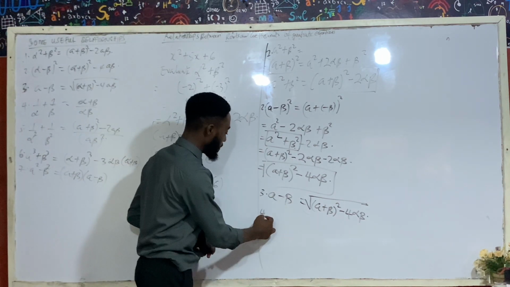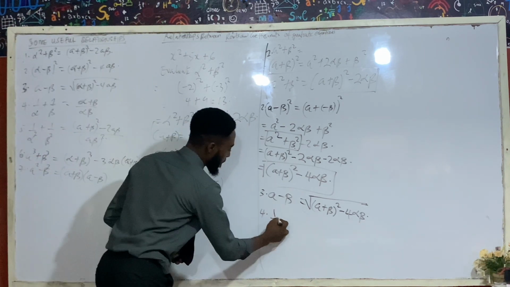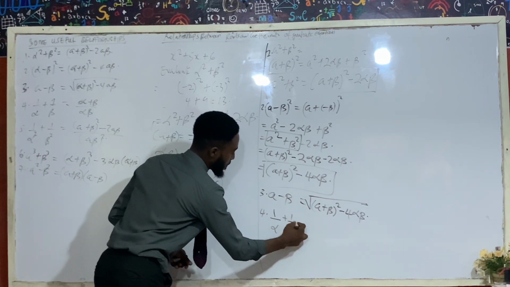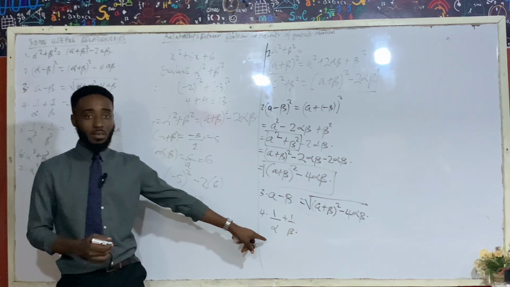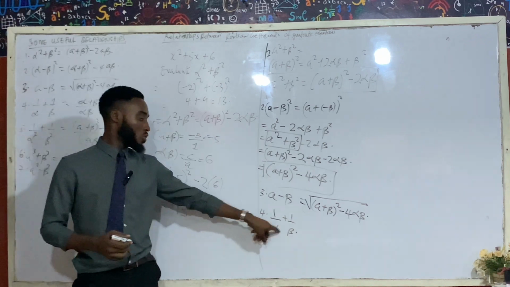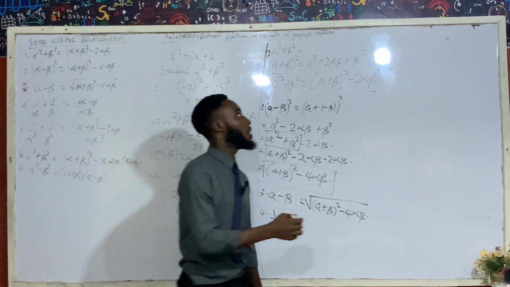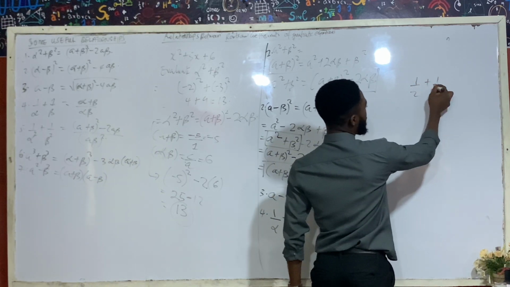Alright, the fourth one. 1 over alpha plus 1 over beta. You can just go with the butterfly method, the method of solving fractions. For example, 1 over 2 plus 1 over 3.